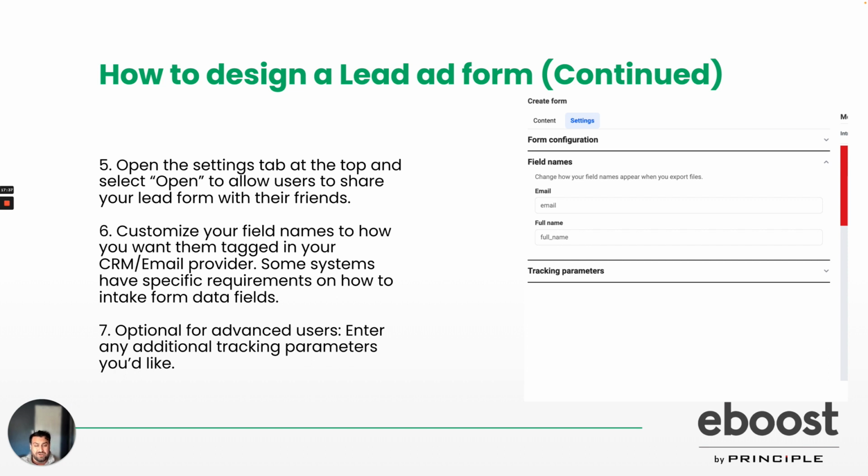So optional also for advanced users, you can enter any additional tracking parameters you'd like. So you can click this little window and add additional tracking information. So not just about what campaign or what ad set or what ad drove the lead, but also maybe what variation of lead form or other aspects that you may want to include in that tracking.